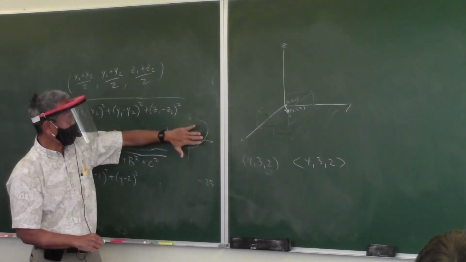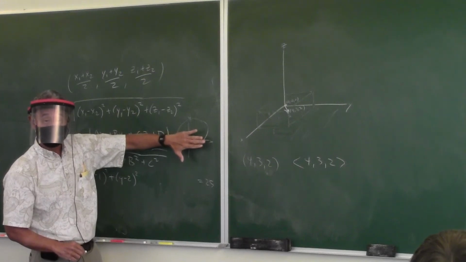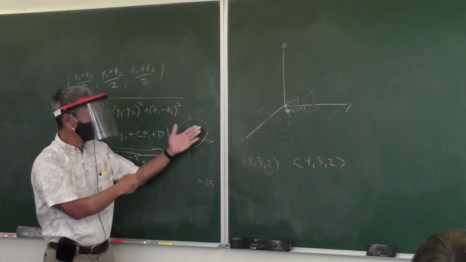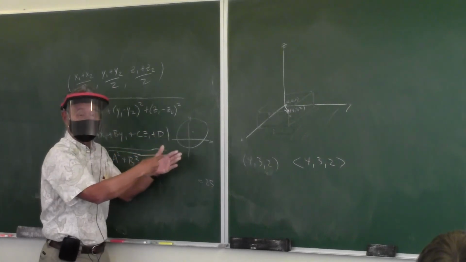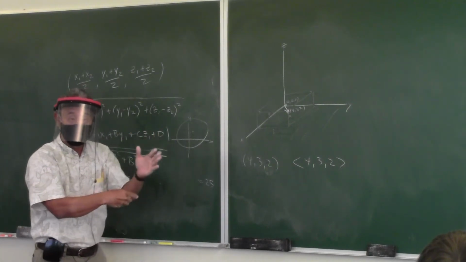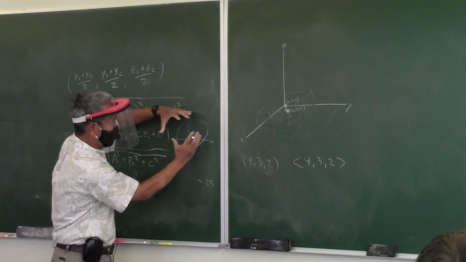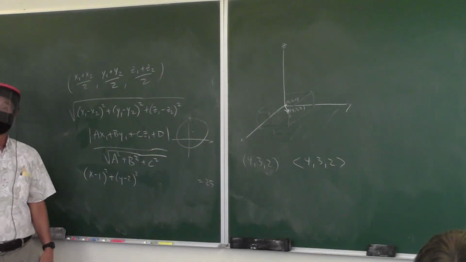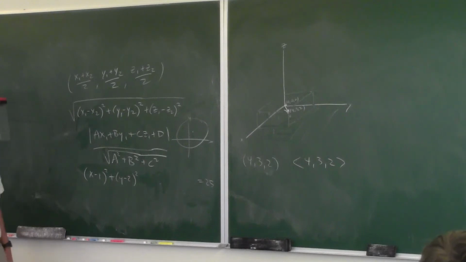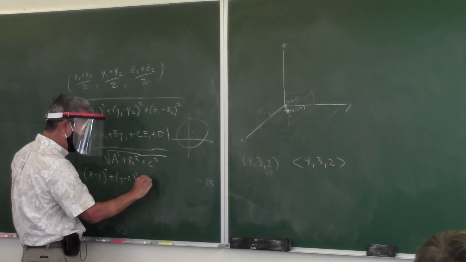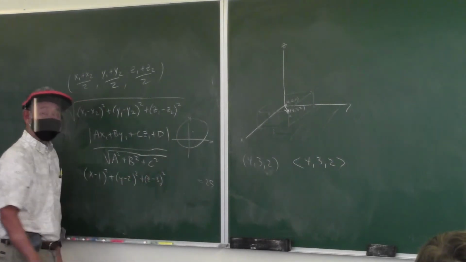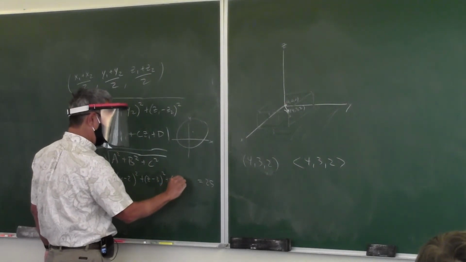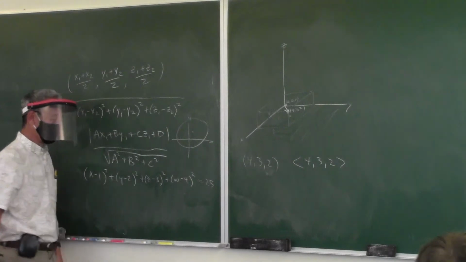In other words, if I'm 1 unit above the xy plane, you still would have the same circle. 2 units above, still the same circle. 3, 4, 5, you still have the same circle. So what is the graph going to be? It's a cylinder, that's right. The graph is a cylinder. But once you put this in, it's a sphere. So, in 4 dimensions, what would this graph be?